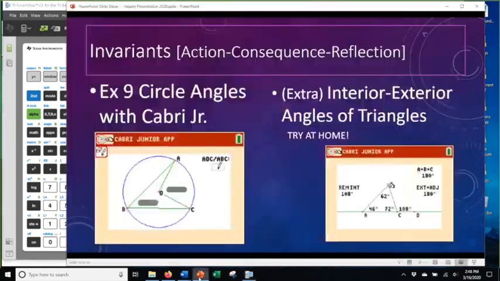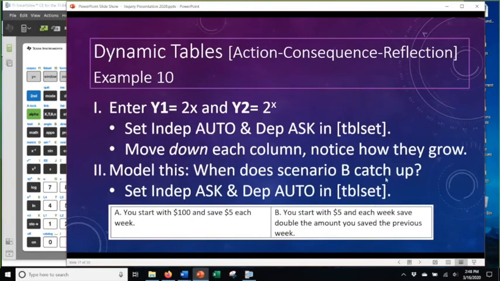The third type of action consequence reflection activity is dynamic tables. I never really thought about the table on the calculator as being something that I could dynamically interact with. But when you normally work with tables, your independent and your dependent variables on your table are automatically filled in.